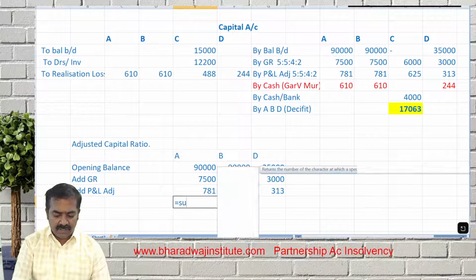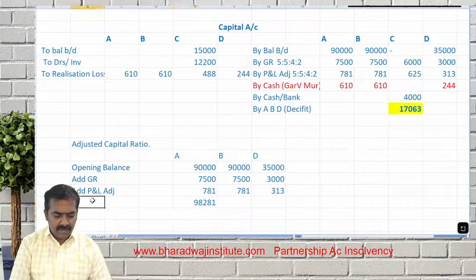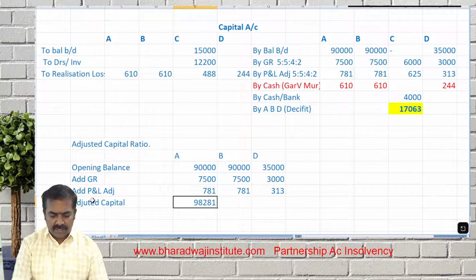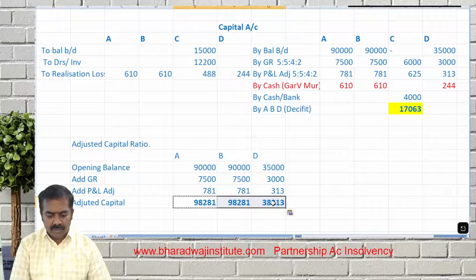So this will give us no miscellaneous expenditure. This is the adjusted capital. Adjusted capital is how much? 98 to 81. So what is the ratio? Ratio formula.